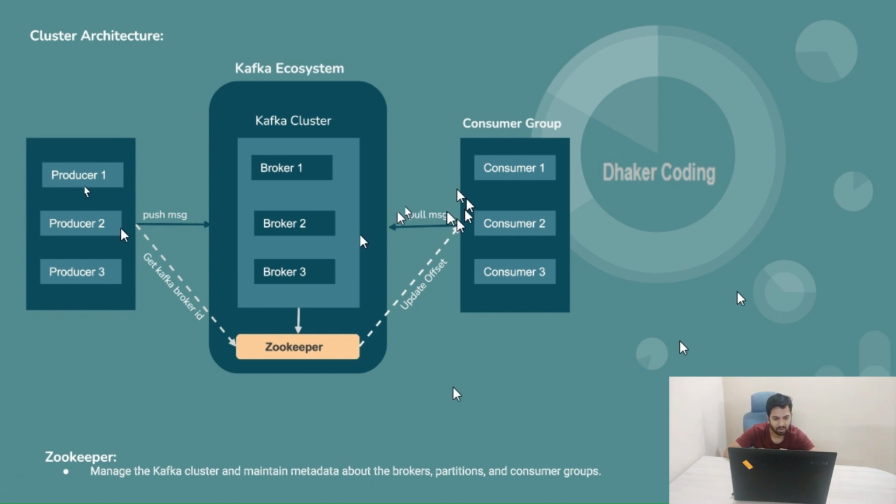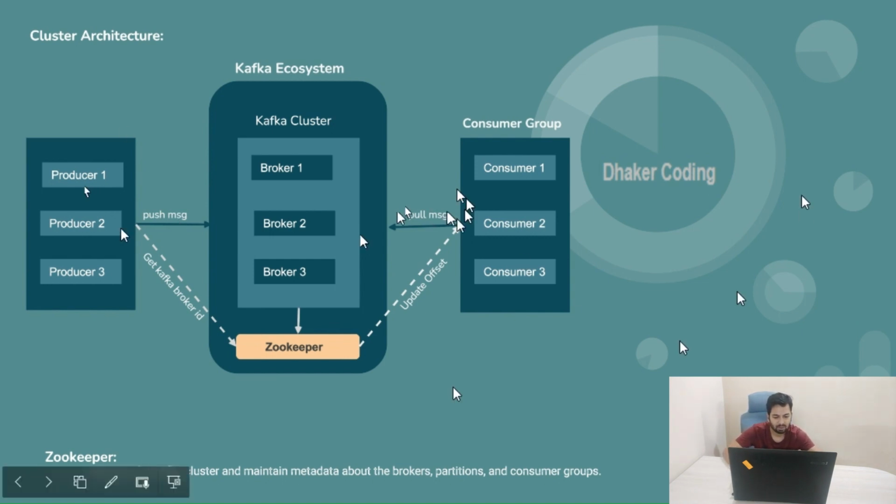So the next time consumer one pulls the data, the zookeeper knows the last updated offset for this topic and this consumer, and it will pull the data from that offset to the next one. That is how Kafka works.